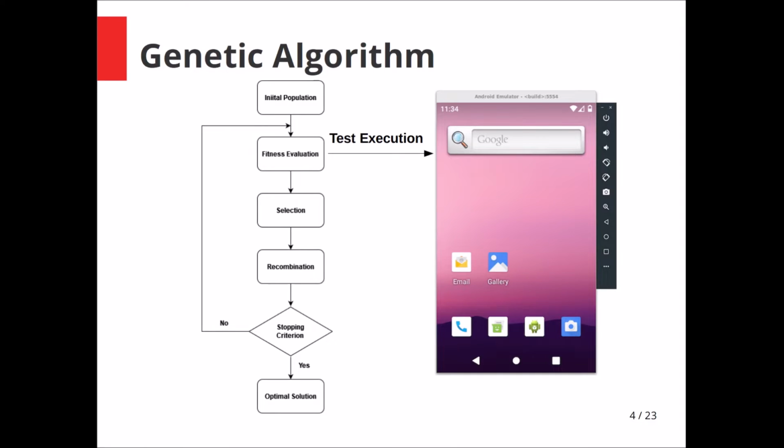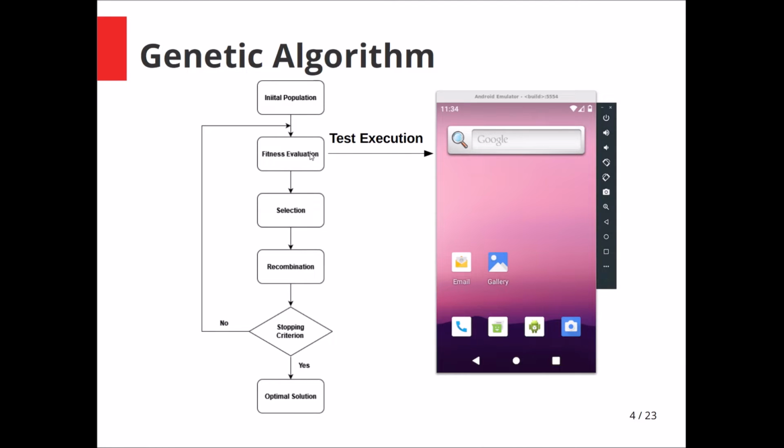Before we describe the surrogate model, let's briefly review the structure of a genetic algorithm and the test execution in Android. We start with an initial population, typically randomly generated. In order to evaluate the fitness of the individuals, we first need to execute them on the emulator.